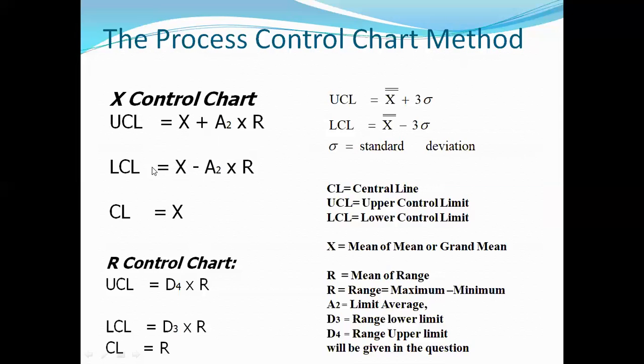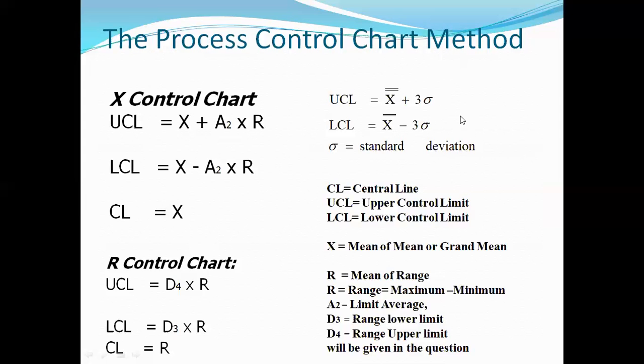Okay, LCL is X double bar minus A2 into R bar. CL is X double bar. Okay, so here is a correction. UCL is X double bar plus A2 into R bar, LCL is X double bar minus A2 into R bar, and the central limit is X double bar. What is this A2? We will discuss A2 later on.